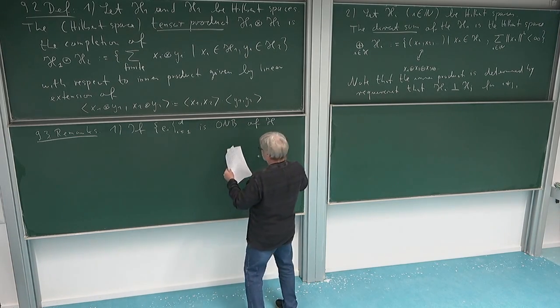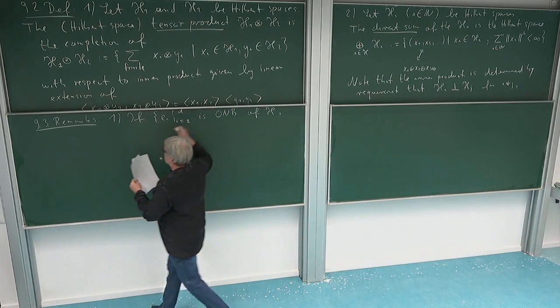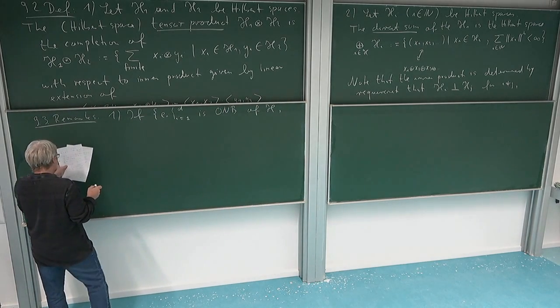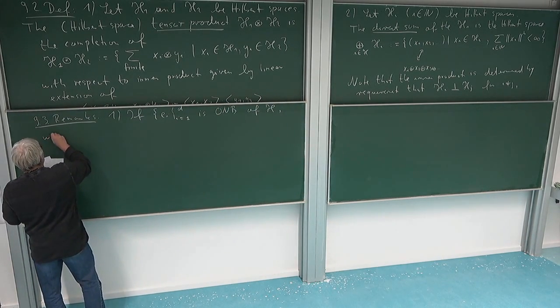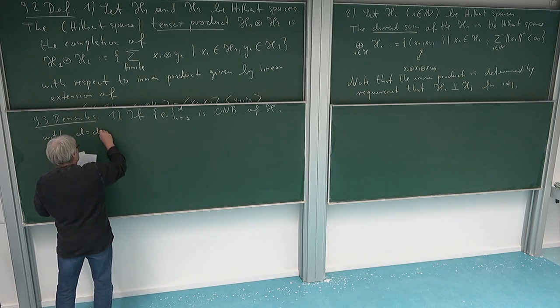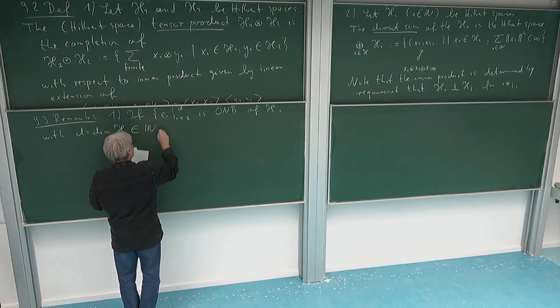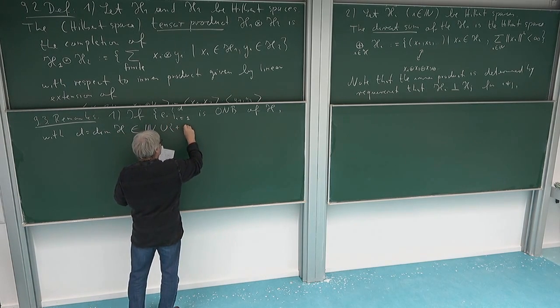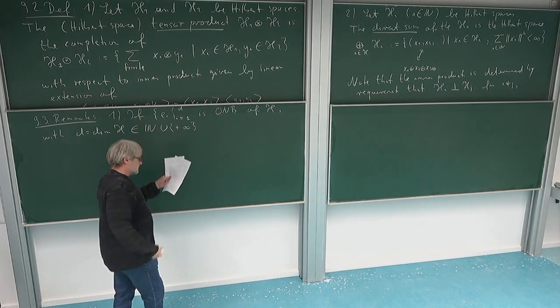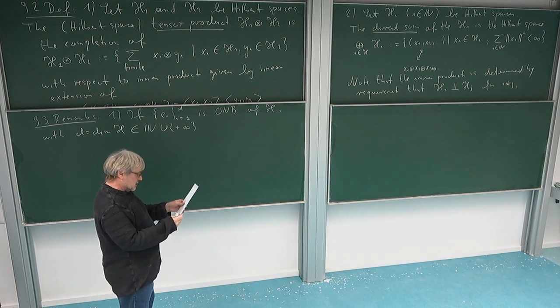D is the dimension of my Hilbert space, and this can be a natural number, but it can also be plus infinity if I have an infinite dimensional Hilbert space, which we in many cases have.